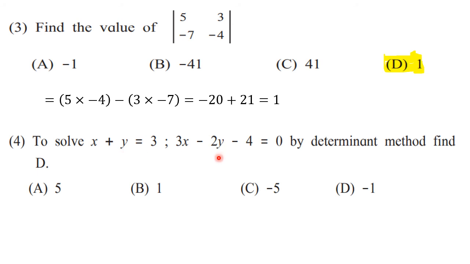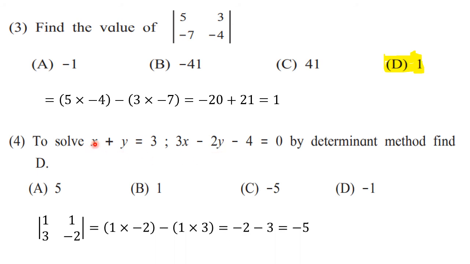Okay. So how are we going to write D here? See, from the first equation, the coefficient of x is 1 and the coefficient of y is 1. So they will appear as the first row here, 1 and 1. And from the second one, the coefficient of x is 3 and the coefficient of y is minus 2. So that will appear as the second row. Okay.